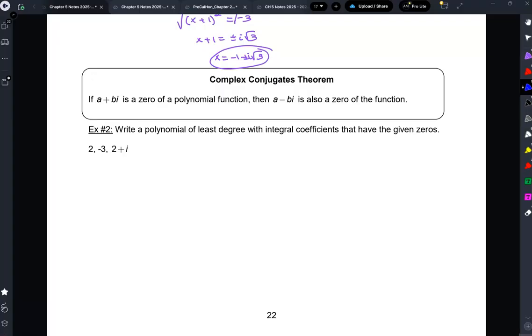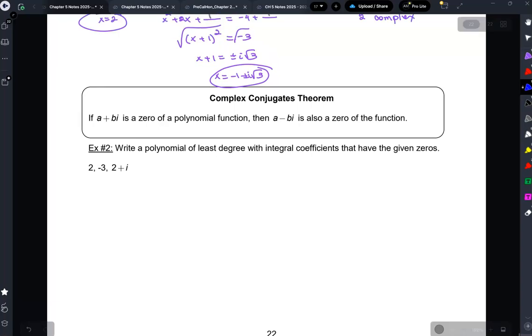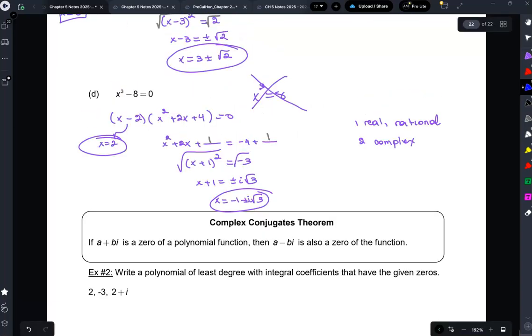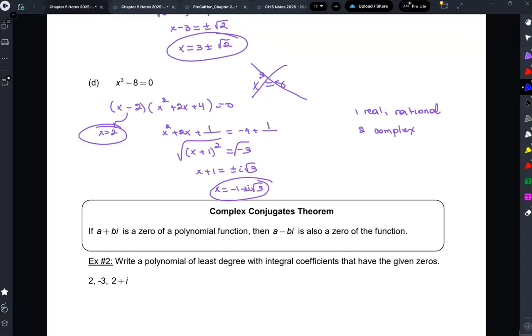Okay, so the complex conjugates theorem. You have seen now, right, that when you have complex solutions, they never come alone. There is always a partner to it. Because where do they come from? They come from taking a square root of both sides, right? So naturally, it's always plus or minus. So you will never have 1 plus i root 3 as a solution.